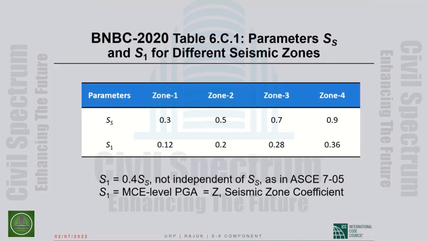Now, in BNBC, the S sub 1 is always 40% of S sub S. The long period spectral acceleration at a period of 1 second is 40% of the short period spectral acceleration. S sub 1 is not independent of S sub S as in ASCE 7.